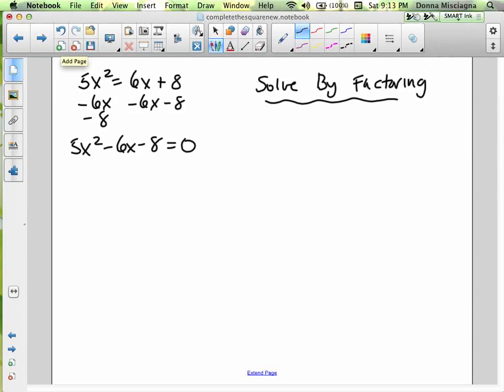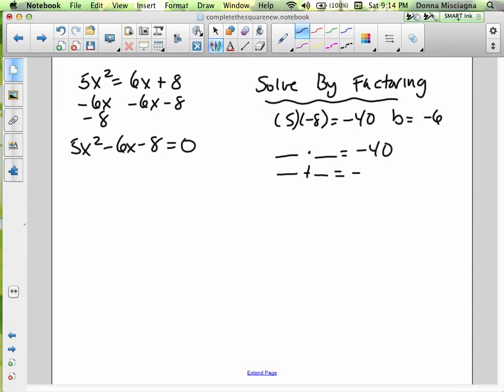So 5 times negative 8 equals negative 40. So we need 2 numbers that multiply to get, what did I do? Ignore that. I meant to write 5 times negative 8 equals negative 40, and b is negative 6. So we need 2 numbers that multiply to give us negative 40, and add to give us negative 6.